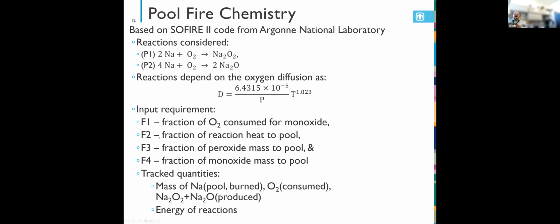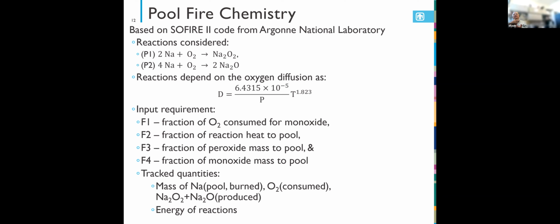So the first is the fraction of oxygen consumed to form monoxide, and the second is the fraction of reaction heat that, instead of staying in the pool, partly goes into the atmosphere instead. And then 3 and 4 show how much of the peroxide stays in the pool if the peroxide forms.